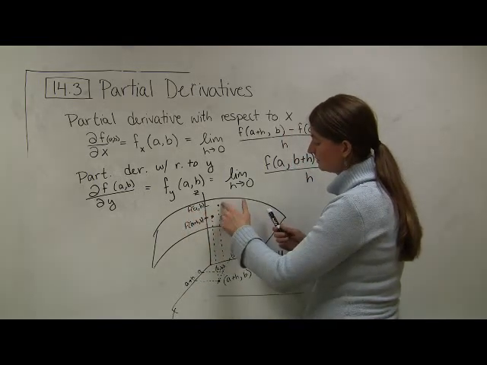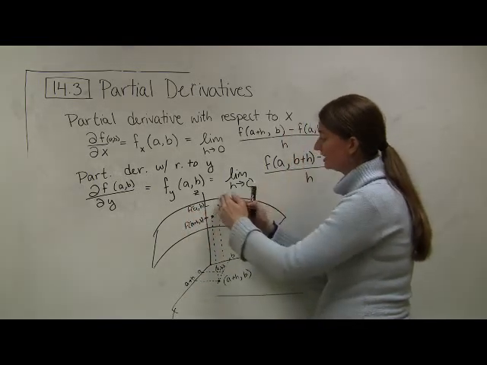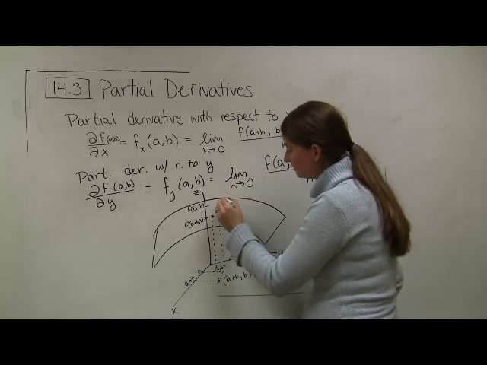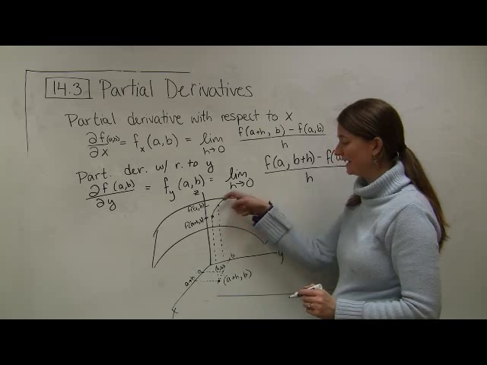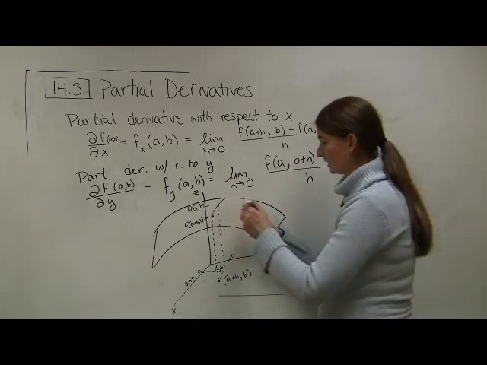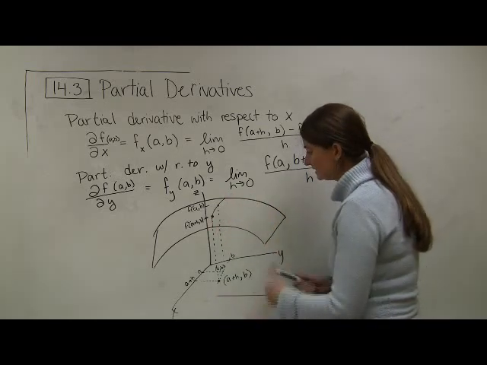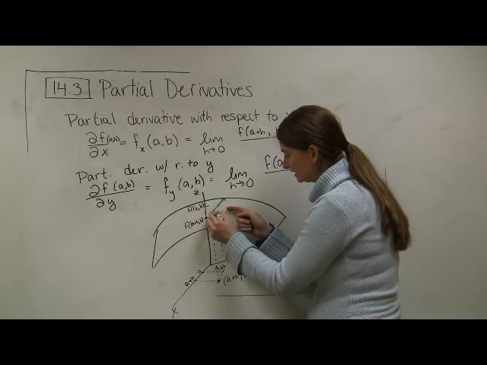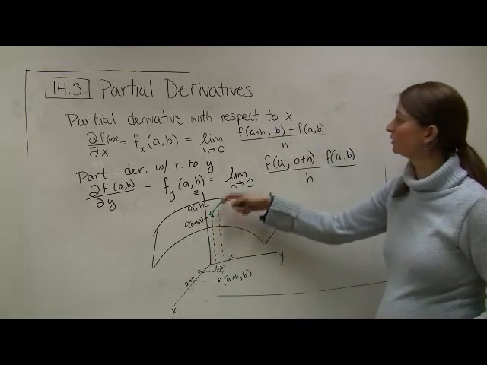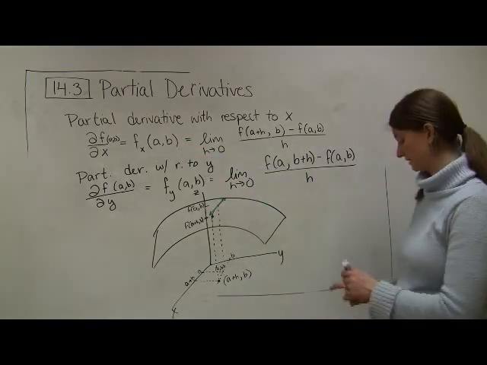This is a point in three-dimensional space. And I'm looking at what is the slope as I travel along the arc where y is exactly equal to b. And the slope of this tangent line in the x direction is going to be exactly equal to my partial derivative with respect to x.